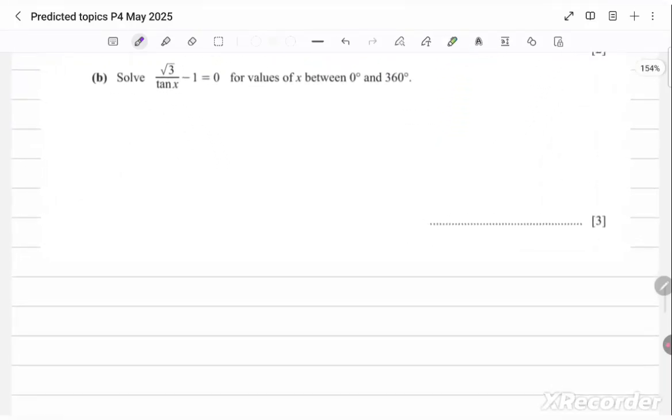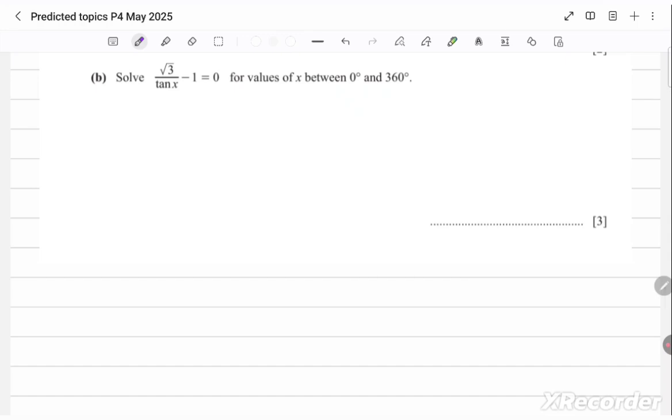About trigonometric functions, graphs. It's very important. This question was in March about tangent. Mostly in your exam you will have sine or cosine, so you should be ready to solve all of them.